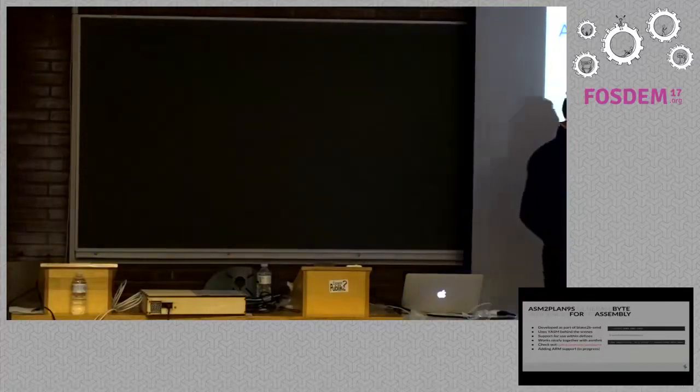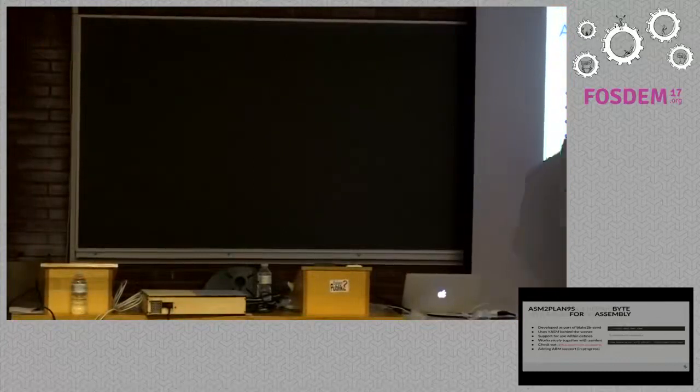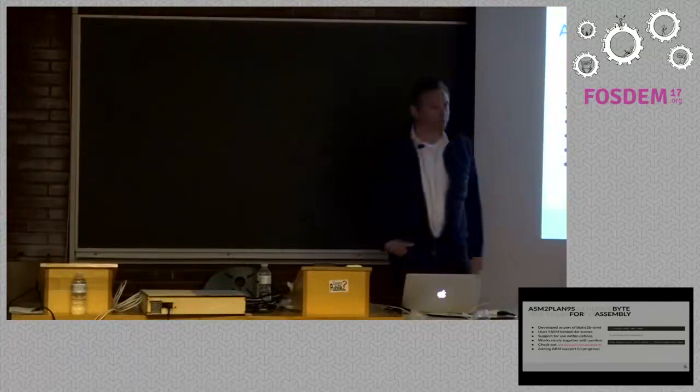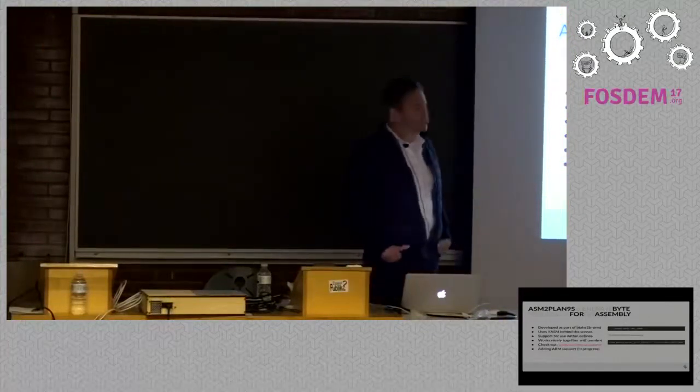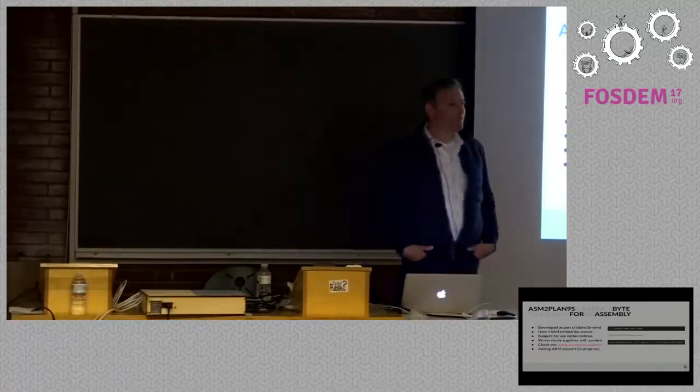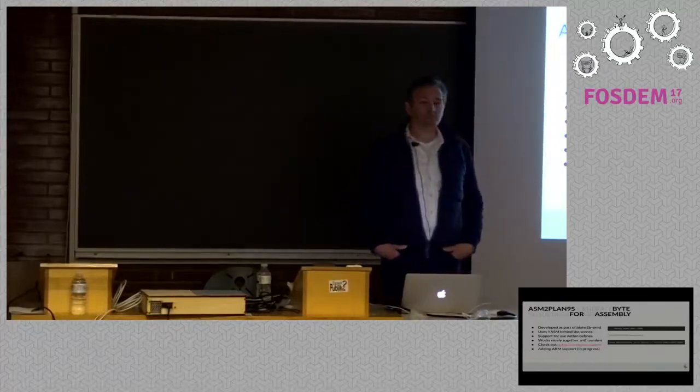Basically, this is what you write in your assembly file, and then you run asm2plan9s on this file, and it will prepend the byte sequence. Okay, I missed that. Otherwise it's a bit cumbersome. Pretty cumbersome.